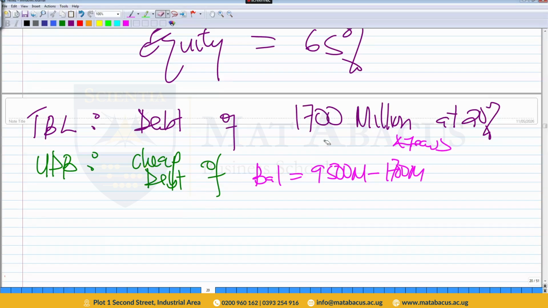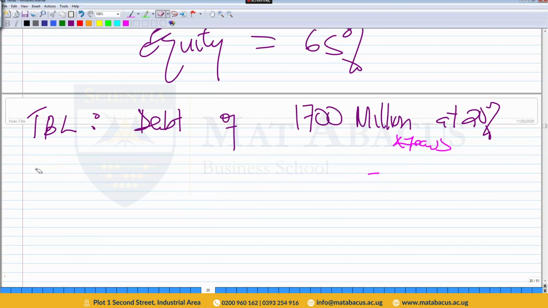UDBL. No, I'm not right here. There's something small here. First wait. There's something very fun. TEFE is giving us 1.7 at 20%.